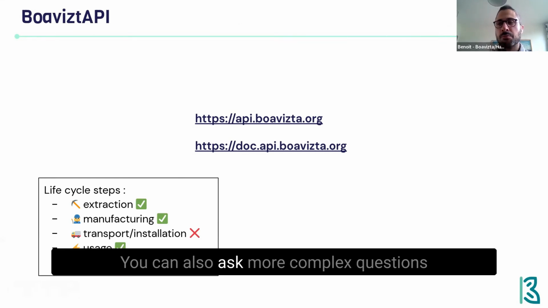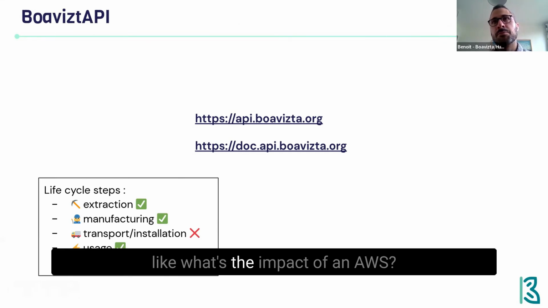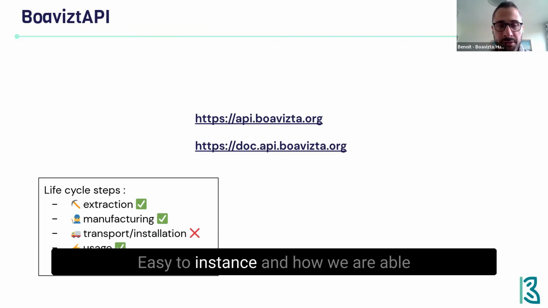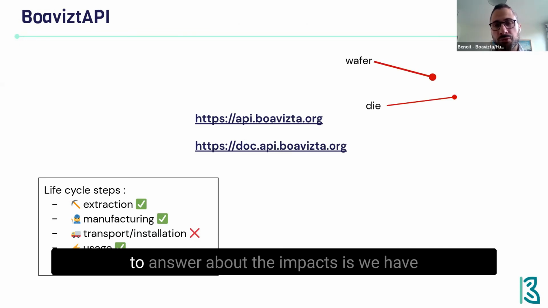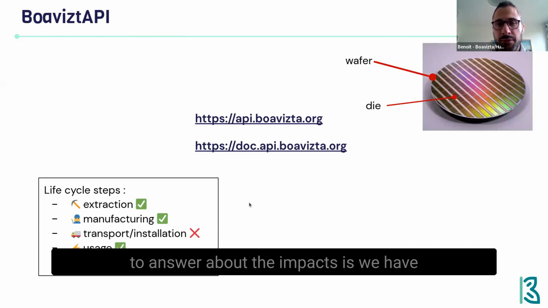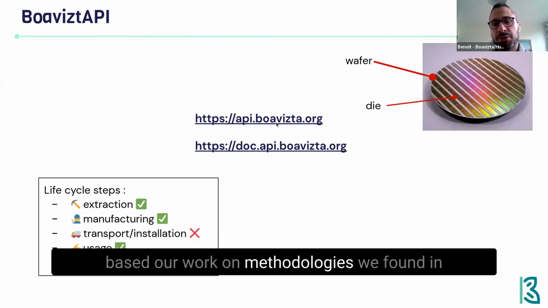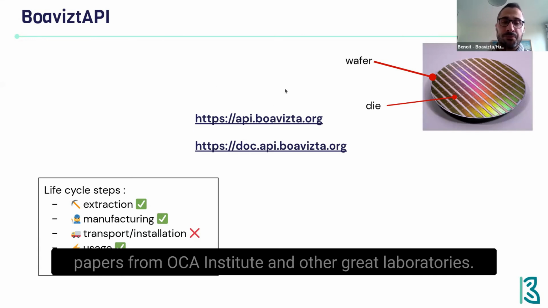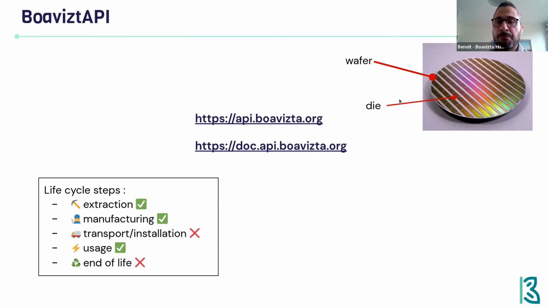You could also ask more complex questions like, what's the impact of an AWS EC2 instance. How we are able to answer about the impacts is we have based our work on methodologies we found in papers from Fraunhofer, from Öko-Institut, and other great laboratories.